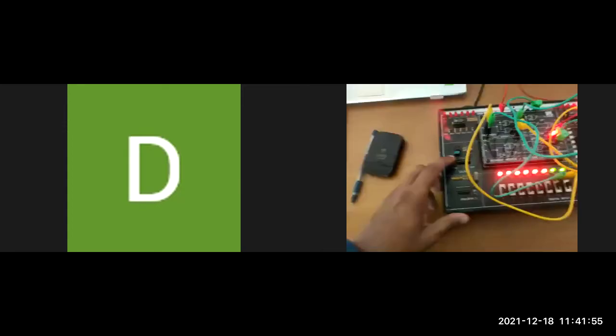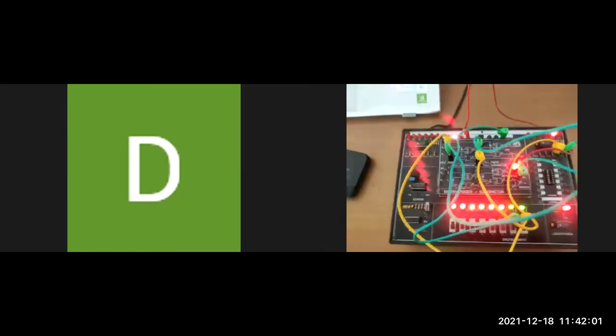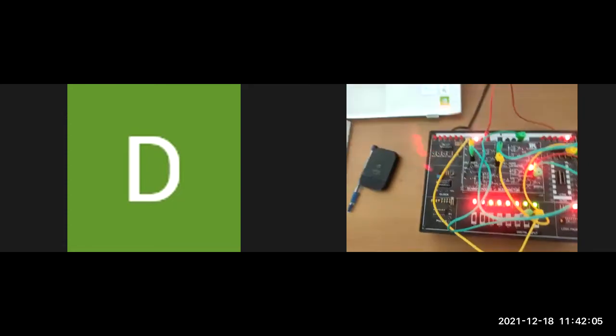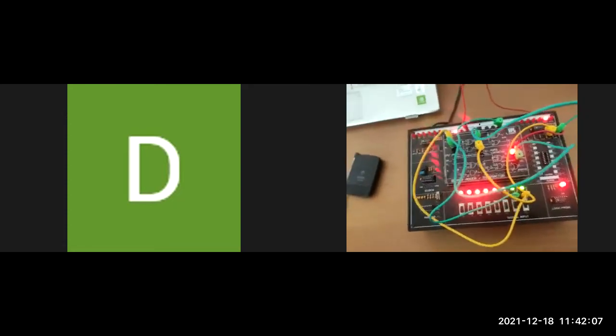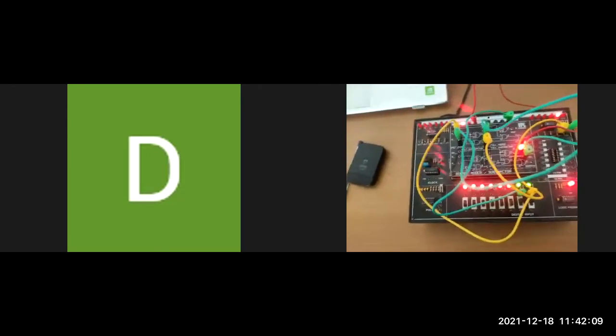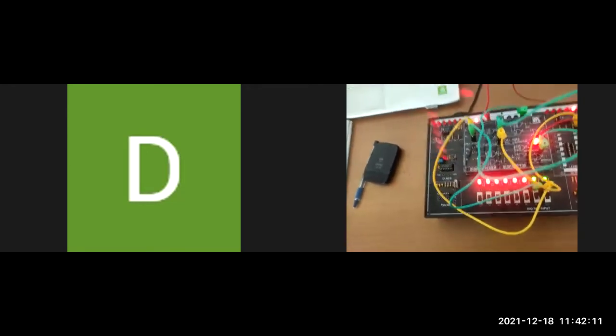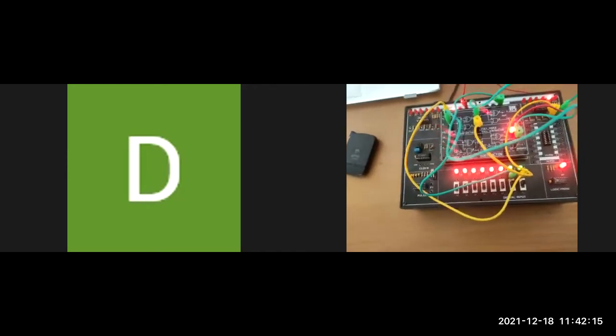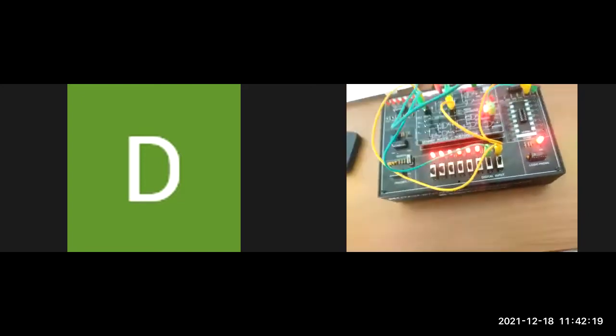Actually here you see there is a clock, here there is a pulsar. The combination we are giving, you can also calculate some time from this. Actually for this experiment it is not required, but with the help of this we can easily calculate how much time is taken to generate one pulse. Okay, so here you can see this is the clock and this is the pulsar, and this is for the logic probe.